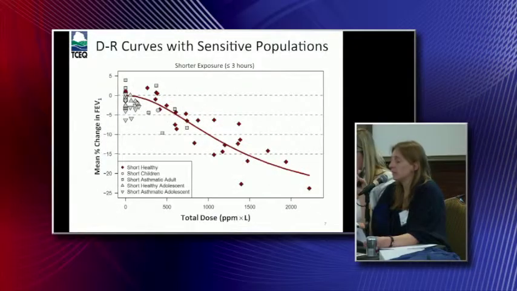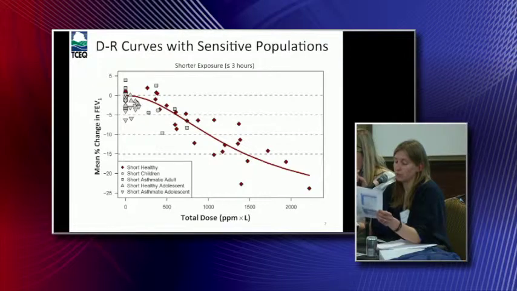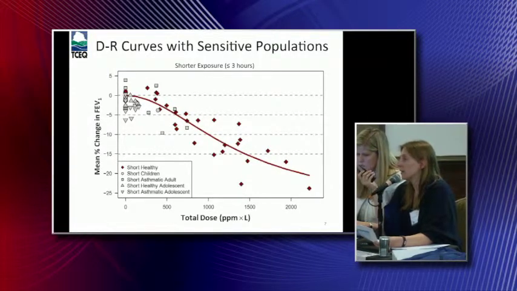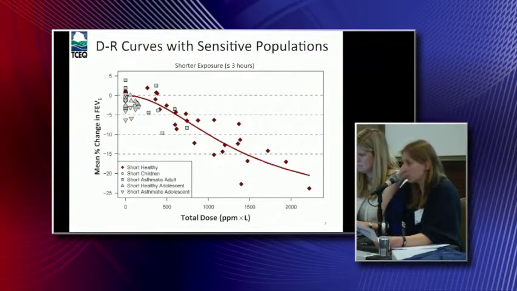But this is both asthmatic and healthy adolescents, and they show relatively comparable responses to ozone. So if we're using this dose response curve, we can show that it also captures those other populations that have been tested. That is true that these are mild asthmatics, but these are the ones that can actually do the experimental protocols.